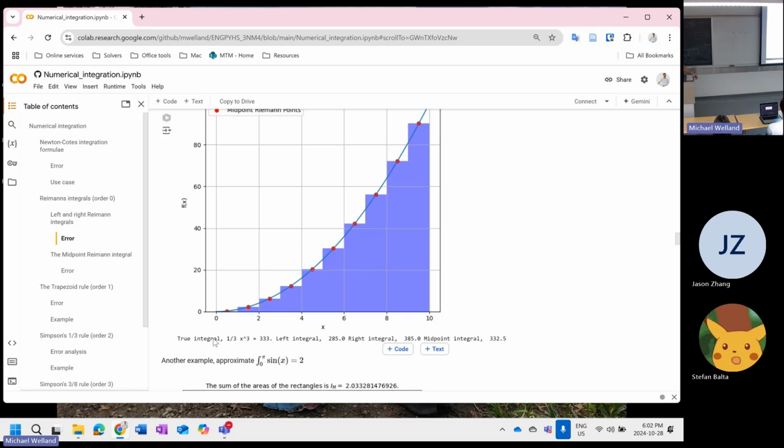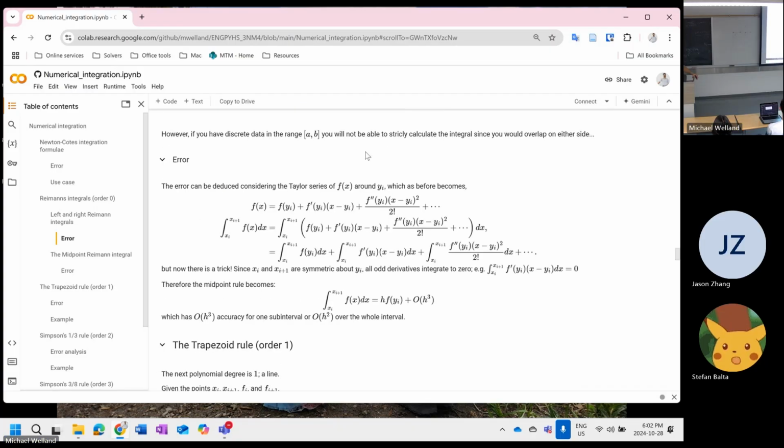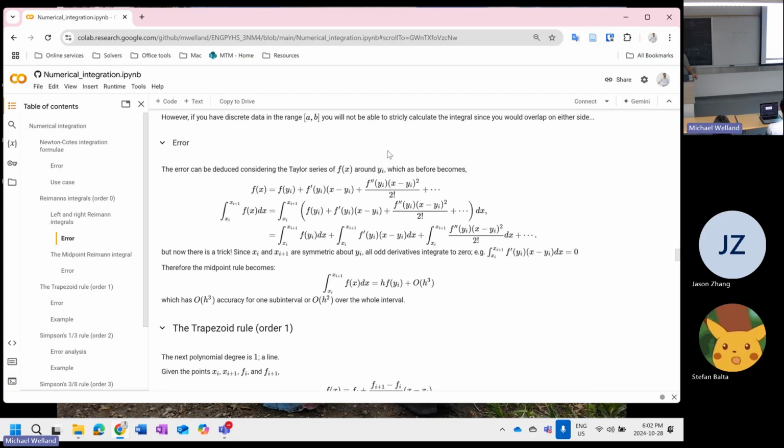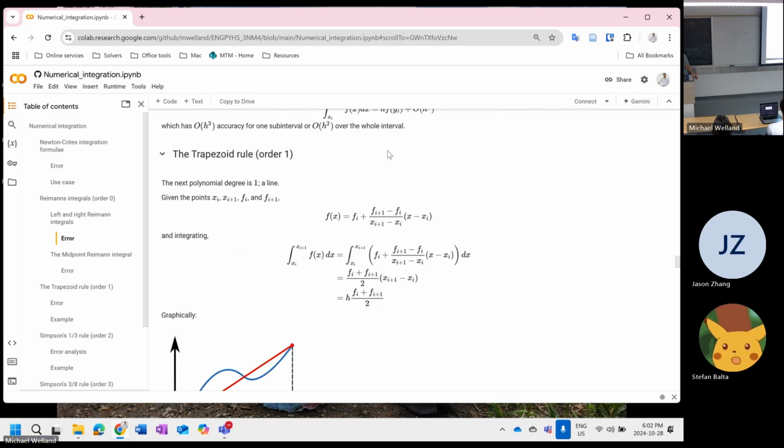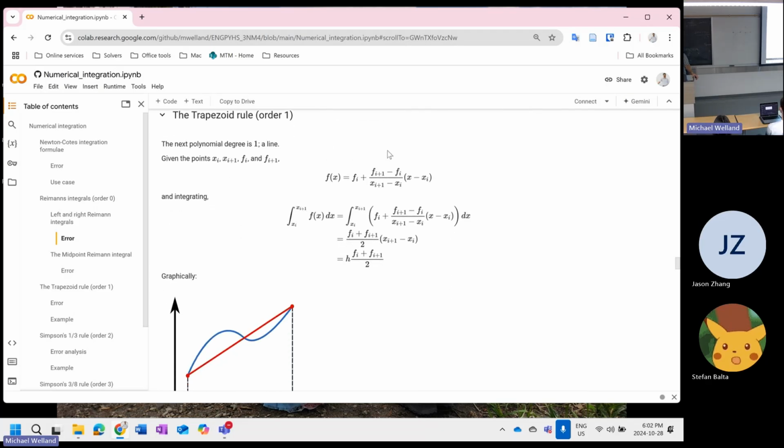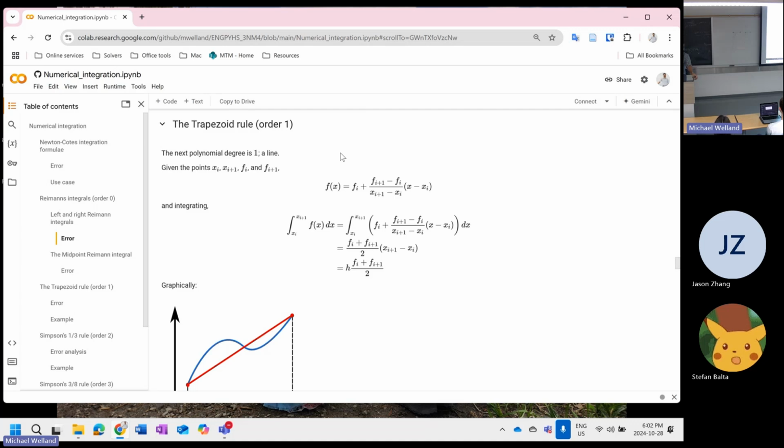So when you calculate that integral, you're not actually calculating from here to here. You're actually calculating from a little bit past it to a little bit past it over here. So you can use it, but it's not, strictly speaking, the correct integral because you've expanded those limits a little bit, which is where the trapezoid rule comes in.